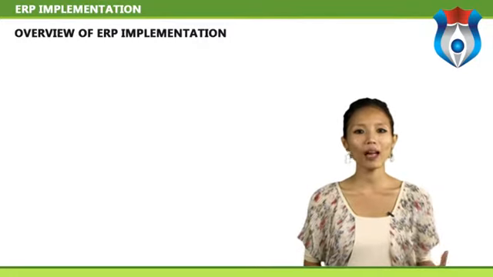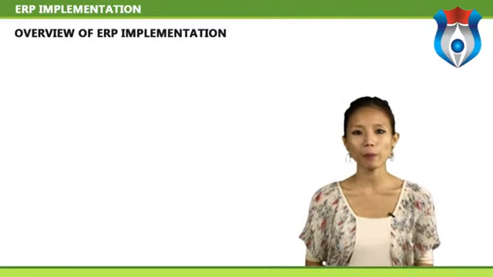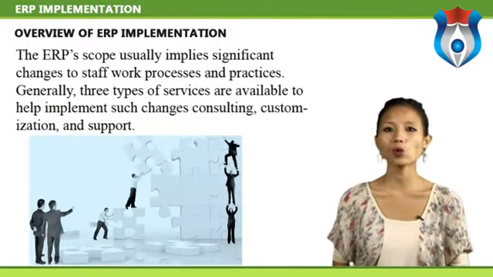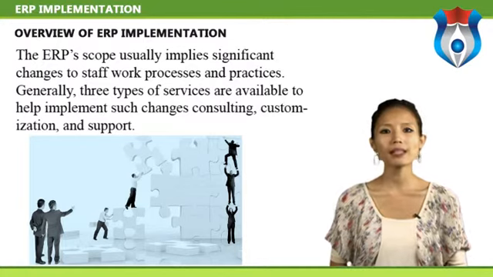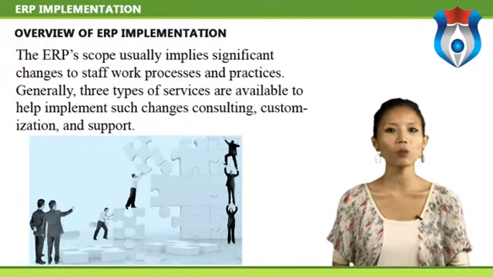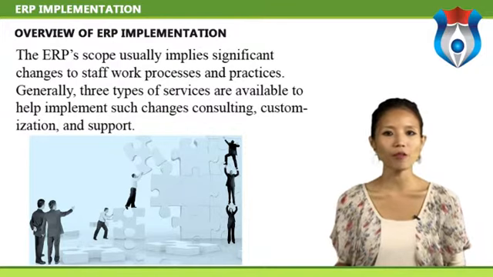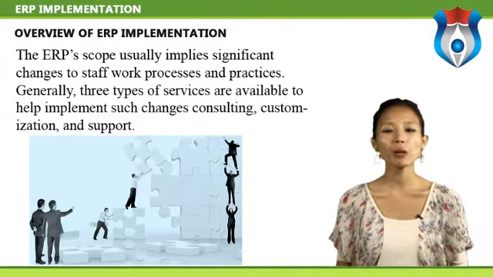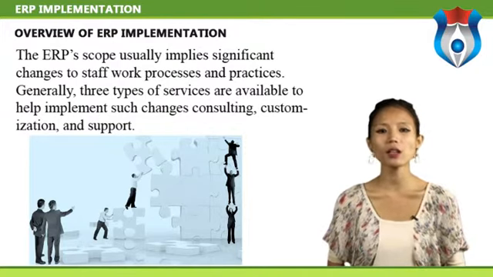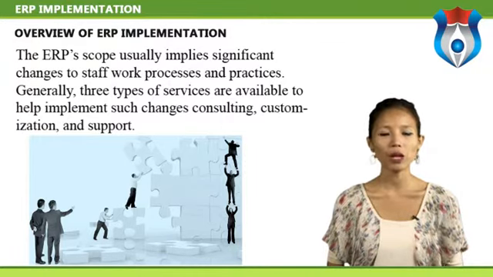Let us now look at the overview of ERP implementation. The ERP scope usually implies significant changes to staff, work, processes, and practices. Generally, 3 types of services are available to help implement such changes: consulting, customizing, and support.